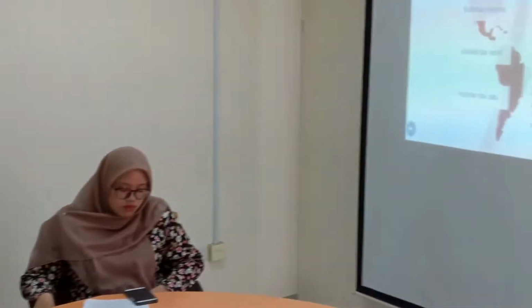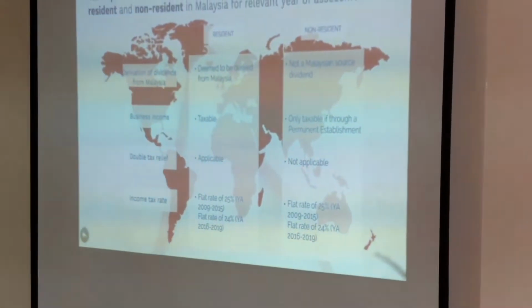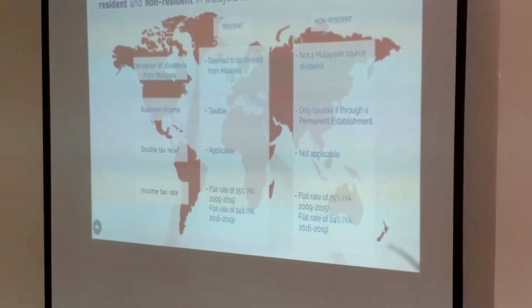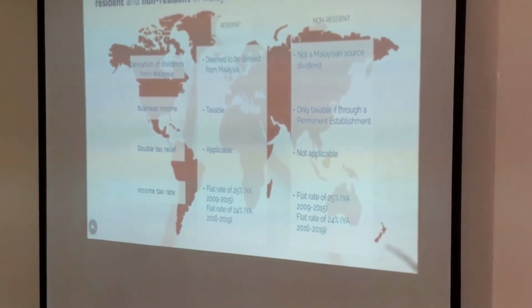The dividends and distribution by a resident company are deemed to be derived from Malaysia. Why? If our company is a non-resident company, our dividends and distribution are not Malaysian source dividends.